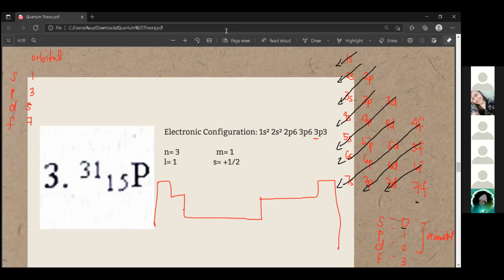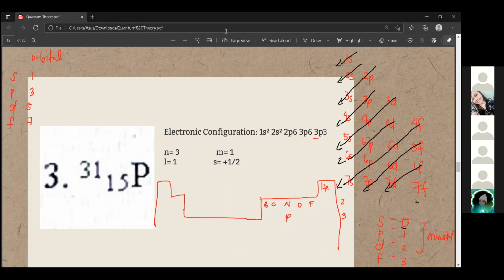So this one, and then 3p3. If this is boron, carbon, nitrogen, oxygen, fluorine, neon. This is the second period here. This is the first period. So this is third period here. The phosphorus is found here below the nitrogen. That's how you locate an element just by looking at the electron configuration.